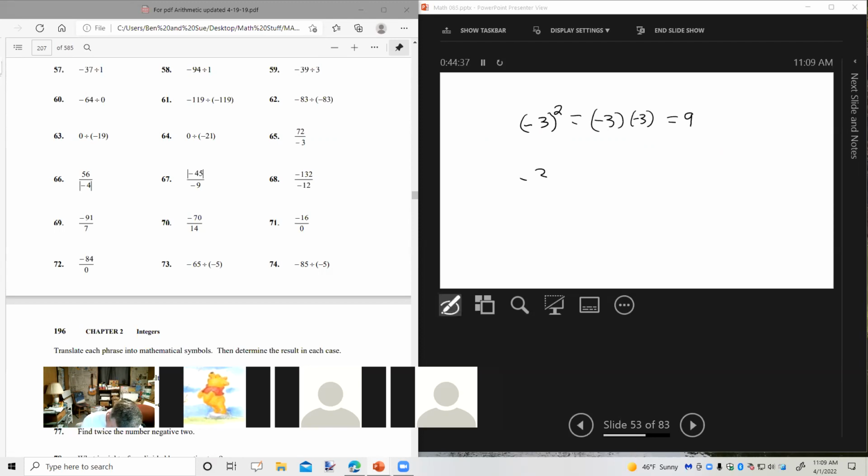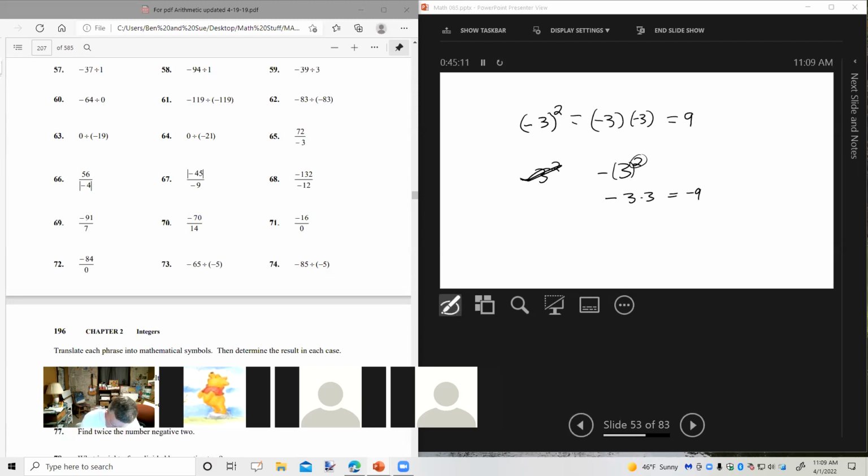But now let's take a look at this. Let me rewrite that a little better here. Okay, not much, but a little. Here, the negative sign is not captured inside the parentheses. So the base is actually just the 3. So this is 3 times 3, because there's 2 factors of it, with a negative sign attached out front. Well, -3 times +3 is -9.